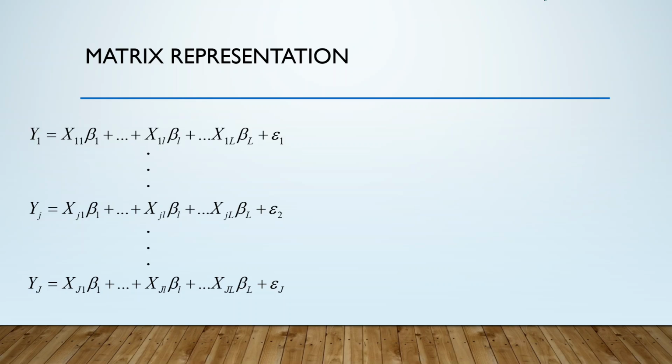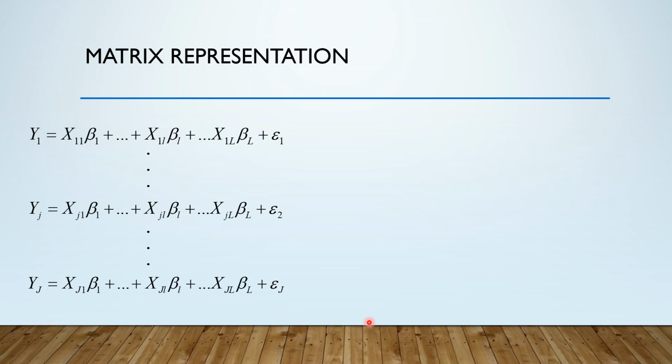So y1 depends on x11 up to x1L, capital L. That is, each dependent variable depends on L number of independent variables and each has its own coefficient, that is, its own beta value. And this capital L value is from 1 to capital L and this small j value is from 1 to capital J.